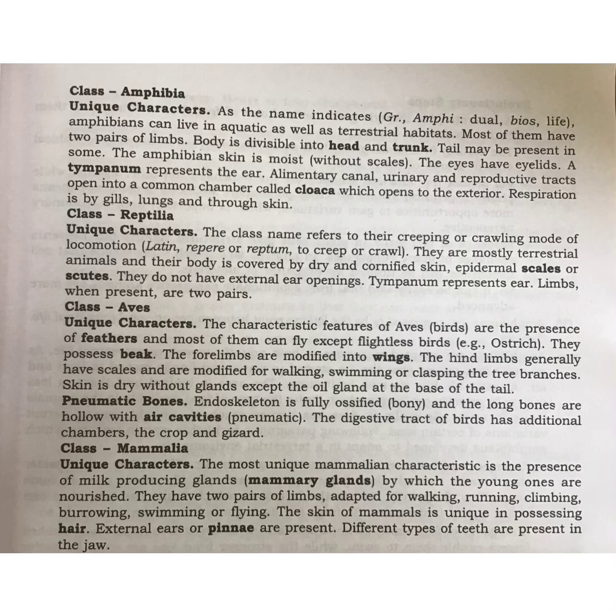If we see reptiles, then scales or scutes are present. Then in aves, wings are present, feathers, beak, even the pneumatic bones. In this way four chambered heart, viviparous, oviparous, then homeothermic, poikilothermic. So all these points are very important to learn for the exam and also for short answer type.